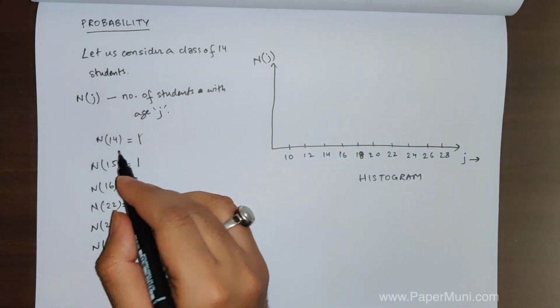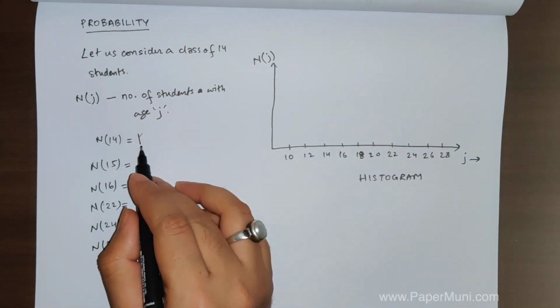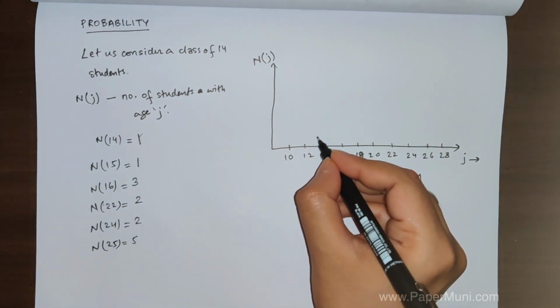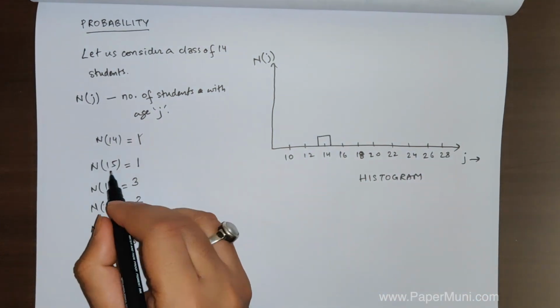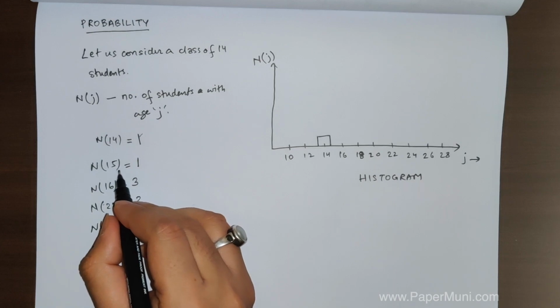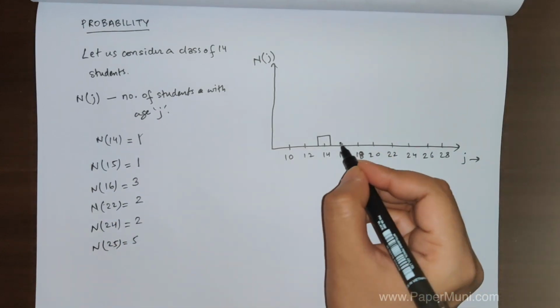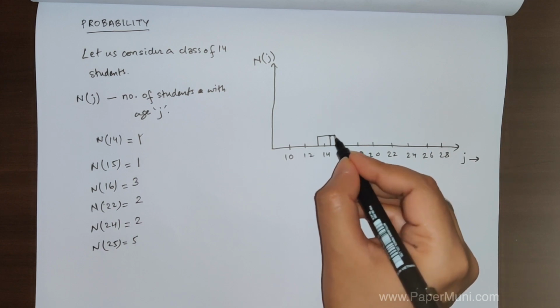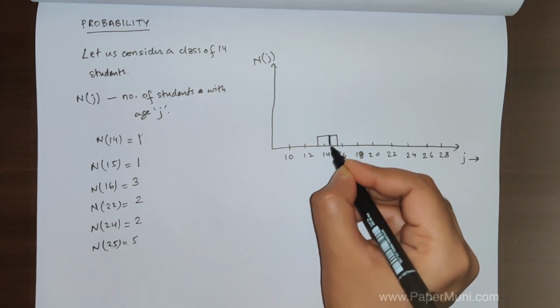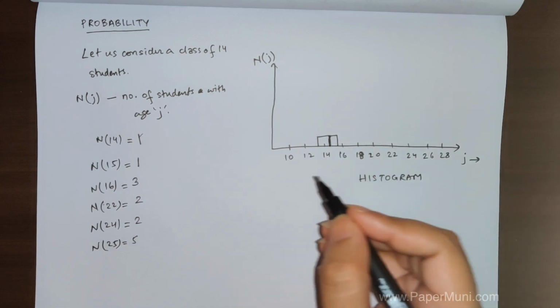The number of students with age 14 is equal to 1, so we make one box. The number of students with age 15 is 1, so 15 will lie somewhere in between. Let's reduce the box size.